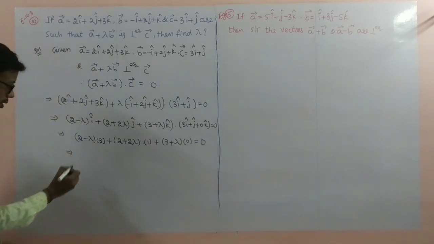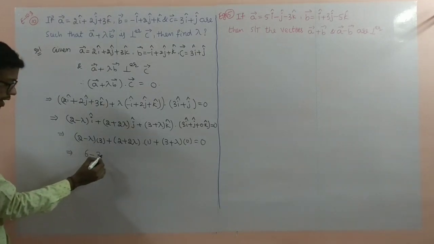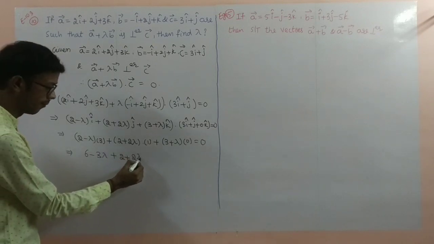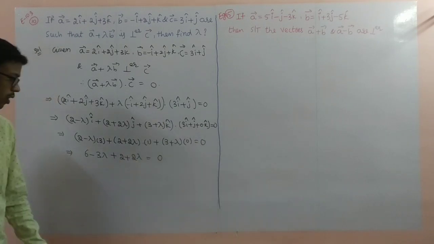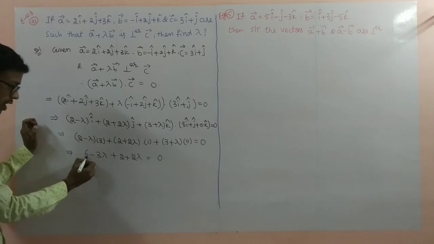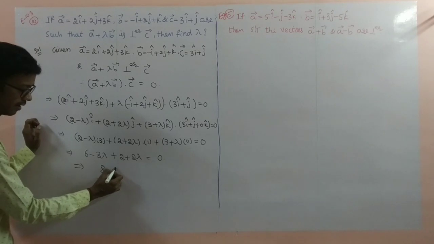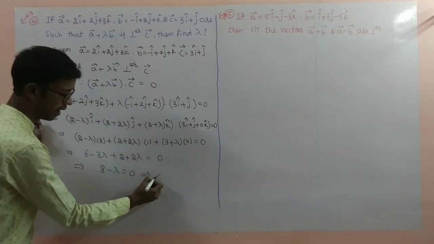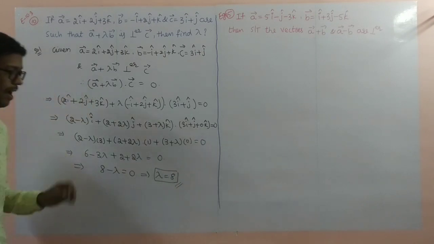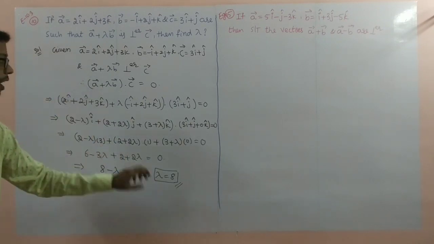Simplifying, 6 minus 3 lambda plus 2 plus 2 lambda equals 0. Now 6 plus 2 is 8, minus 3 lambda plus 2 lambda, minus lambda, equals 0. That implies the lambda value is 8. So this is the way of finding the lambda value.